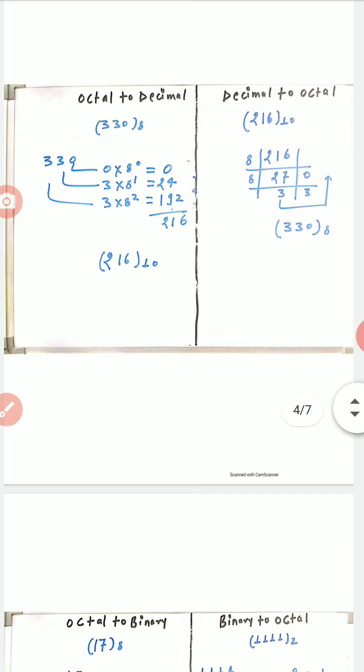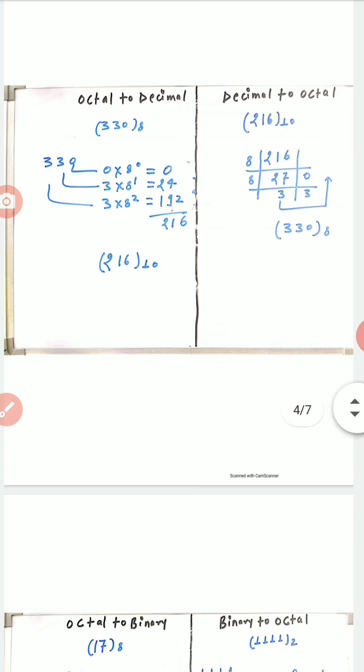So 216 is a decimal number because it has base 10, so I can recognize it; otherwise I would have confusion whether it is an octal number or a decimal. So what I need to do is, we have a formula: keep dividing by 8, the same way we did in the previous slide.